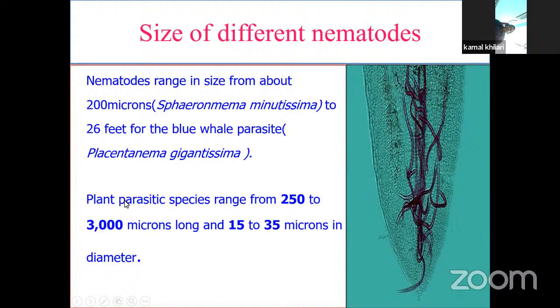And in general, these are the animal parasitic nematodes. For example, I think everybody may be well aware of the ascaris, which is an intestinal parasite in human beings as well as animals. This is white in color, and the size of the nematode may be near about 1 foot.